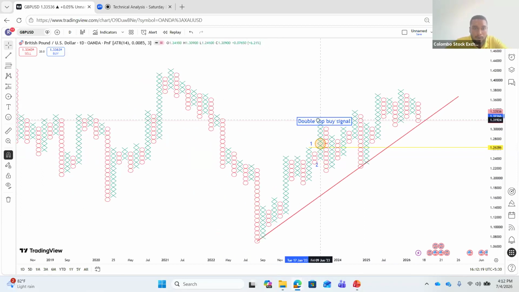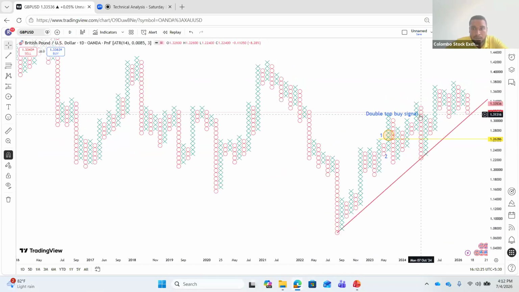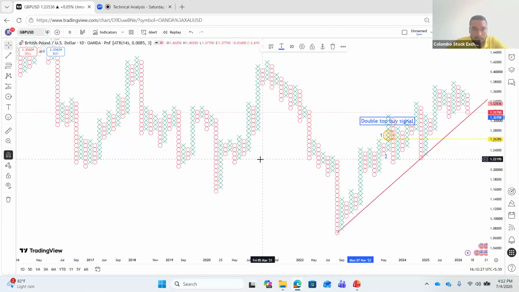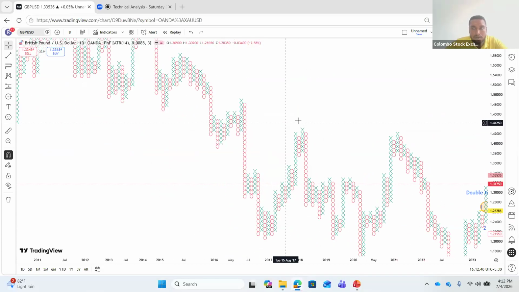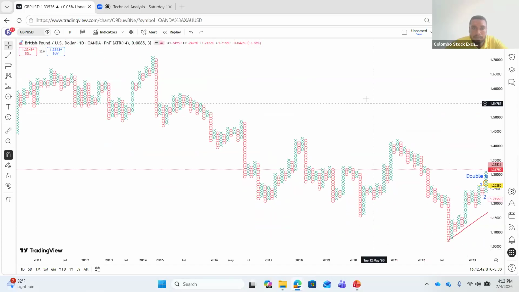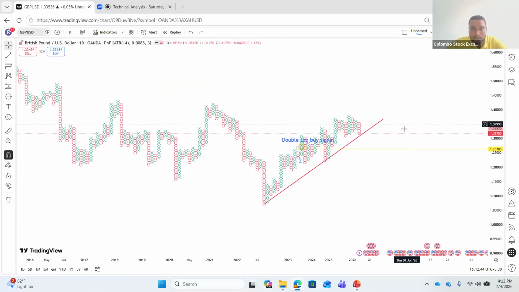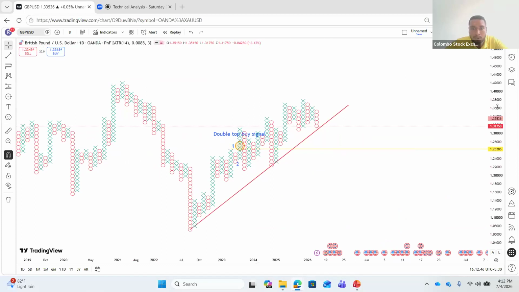For GBP, I'm not sure how strong that signal is. Here you can also see the top breakout, but the price came down to this level and then went up. Not many people use this, so you don't actually need to use it, but you have to understand what the point and figure chart means.